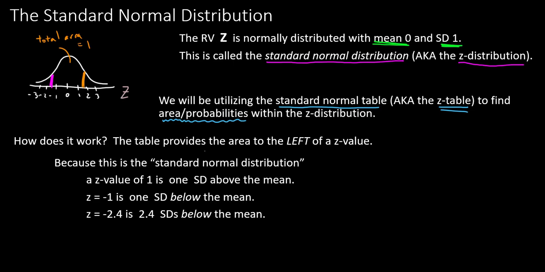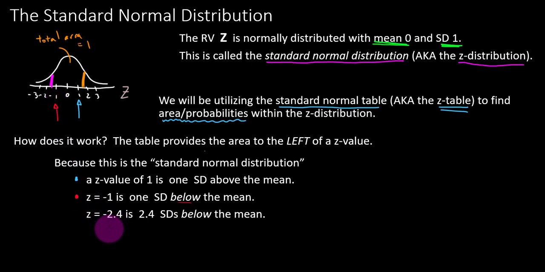Because this is the standard normal distribution, these Z values are interpreted as standard deviations. For instance, a Z value of 1 is 1 standard deviation above the mean. That would be right there. A Z value of -1 would be 1 standard deviation below the mean, which would be right there.